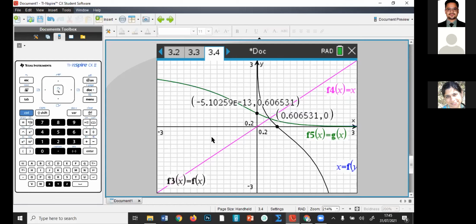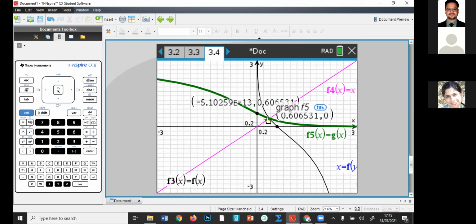Okay, hence or otherwise, the last part is to solve the inequality f(x) is more than f inverse x. f(x) is this black one, and this should be more than the green one. So the y value should lie above this green one.